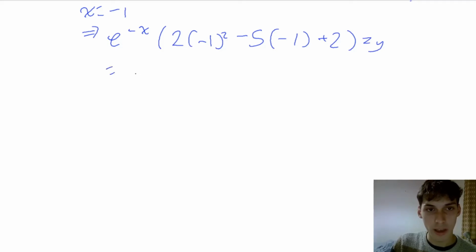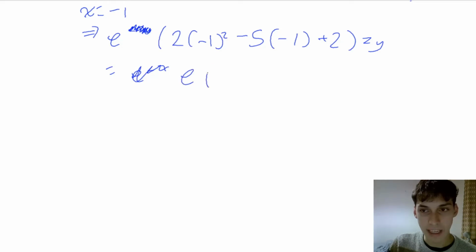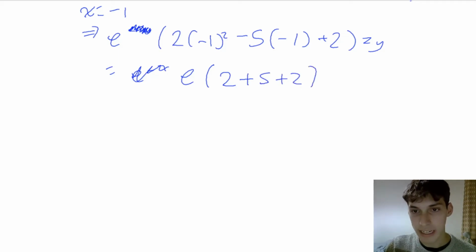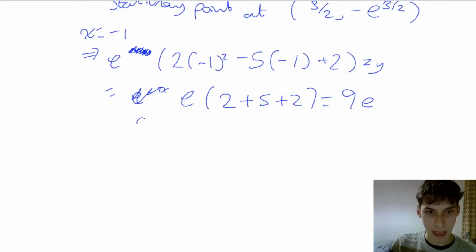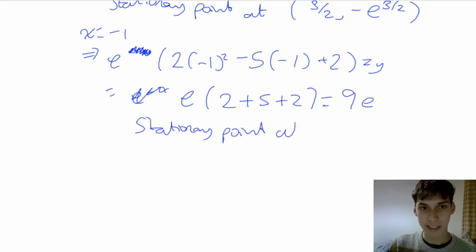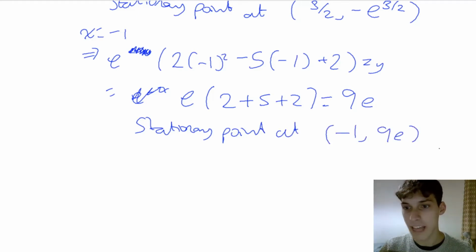Oh, and also, sorry, I didn't substitute in the value for minus x here. That's just e. So, okay, e times (2 plus 5 plus 2), which is 9e. Perfect. So we have a stationary point at minus 1, 9e. Cool, so let's add those to our graph.